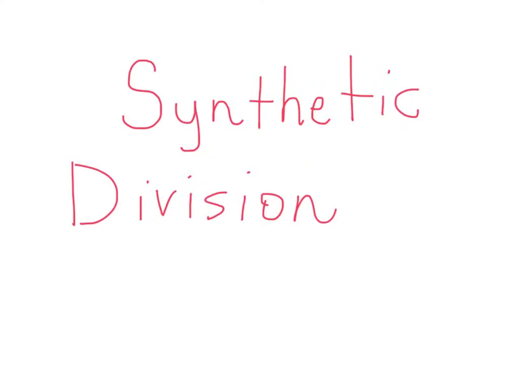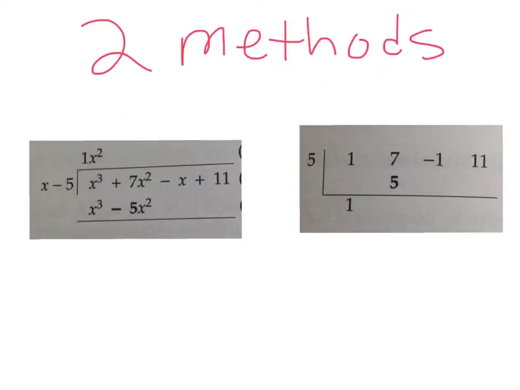All right, synthetic division. So we've learned a method of using long division where if you have some polynomial going into another polynomial, we look at the leftmost terms and we say x goes into x cubed 1x squared, and we learned how to do this.